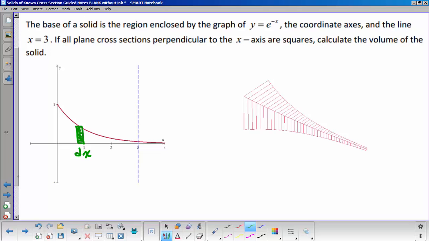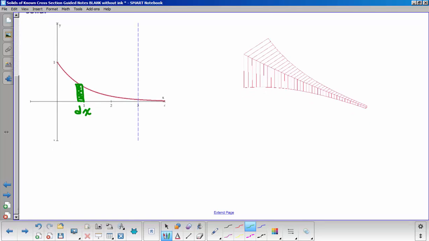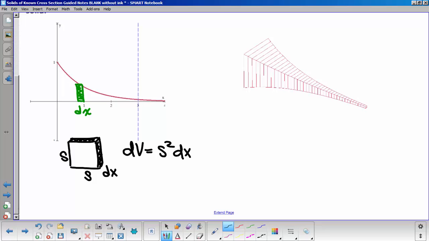Okay, so what am I pulling out of this? A square. So I pull the square out just for analysis. There's my 3D square, and I know that it is dx in width, and this is S and S. One slice of volume here is equal to S squared dx.